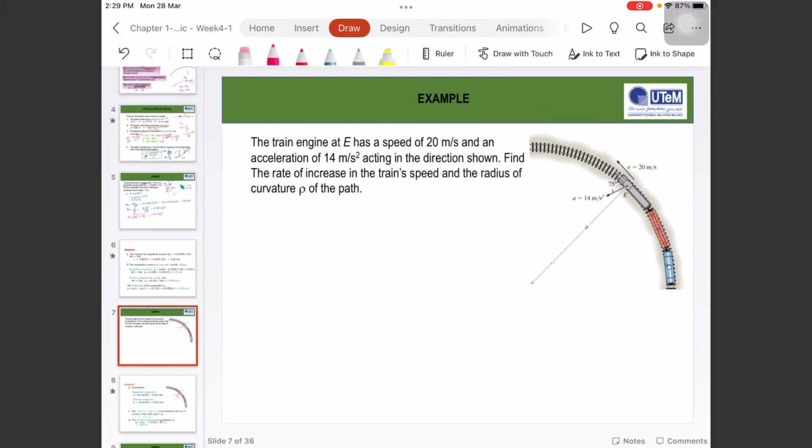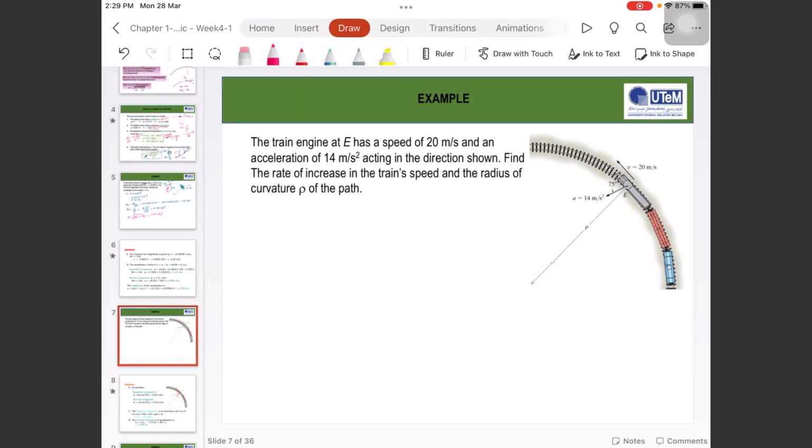Okay, so the train engine at E has a speed of 20 meters per second and acceleration of 14 meters per second squared in the direction shown.